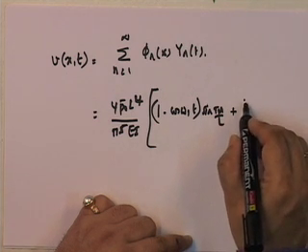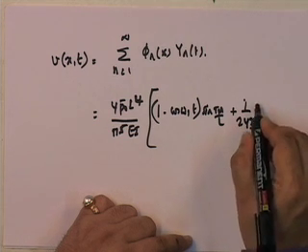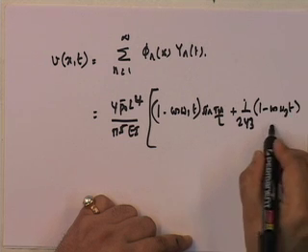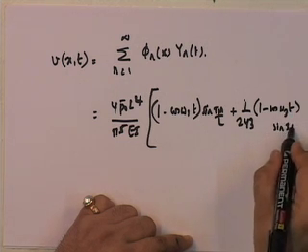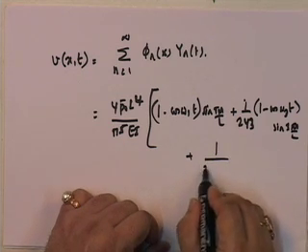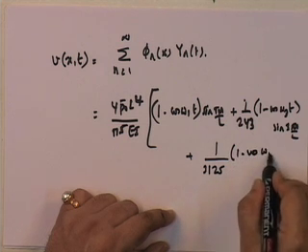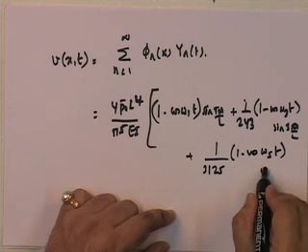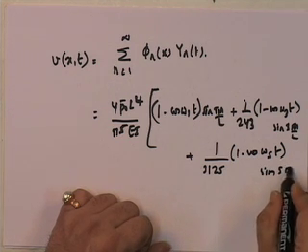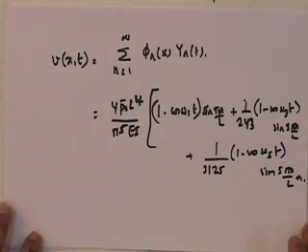So, there is a 243, 1 upon 243 into 1 minus cosine omega 3 into sine 3 pi x upon L plus 1 upon 3125 1 minus cosine omega 5 sine, plus so on and so forth.